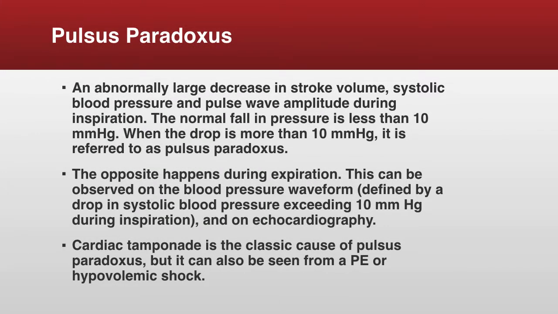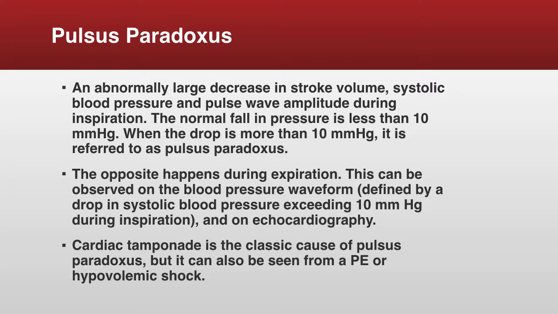Your book talked about pulsus paradoxus, and this is when an abnormally large decrease in stroke volume, systolic pressure, and pulse wave amplitude happens during inspiration. The normal fall in pressure is less than 10 millimeters of mercury.